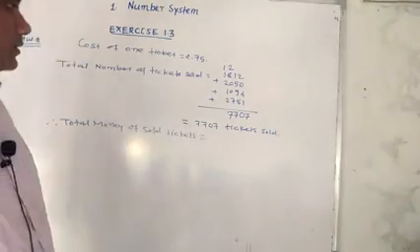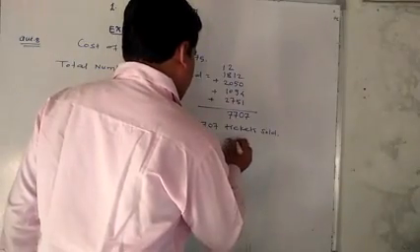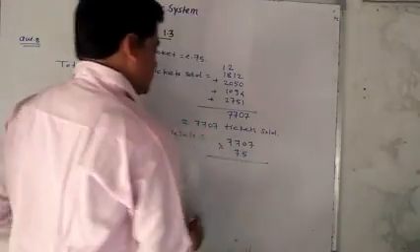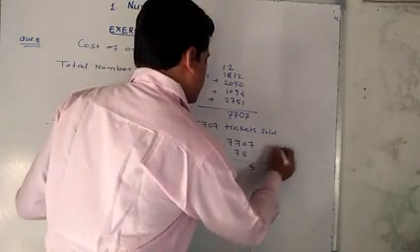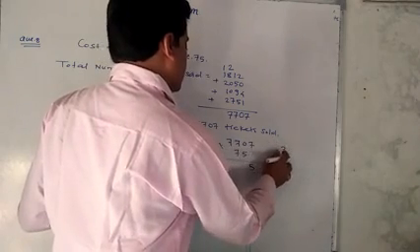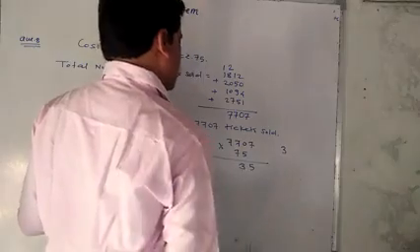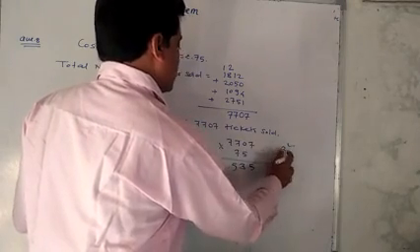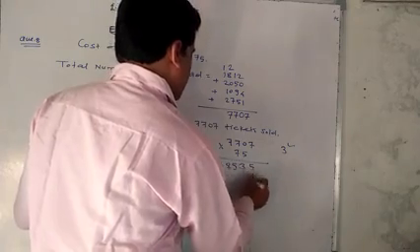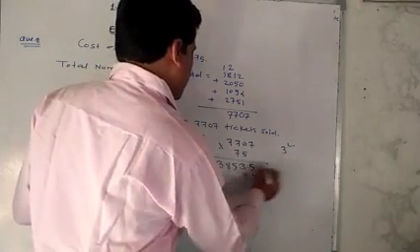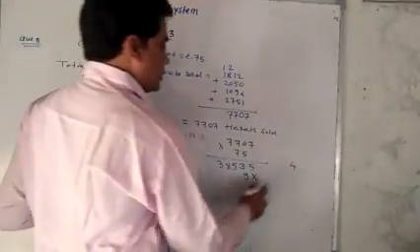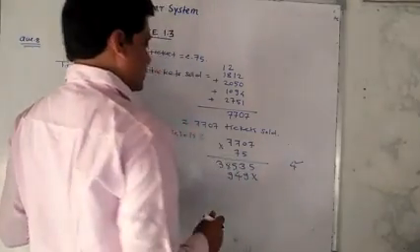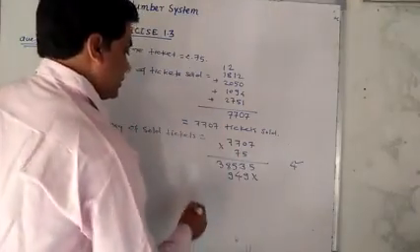Total money of sold tickets is equal to 7707 into 75. 5 7s are 35, 5 carry 3, 5 0s are 0, 0 plus 3 is 3, 5 7s are 35, 5 carry 3, 5 7s are 35 plus 3 is 38, 8 carry 3, 5 7s are 35 plus 3 is 38.